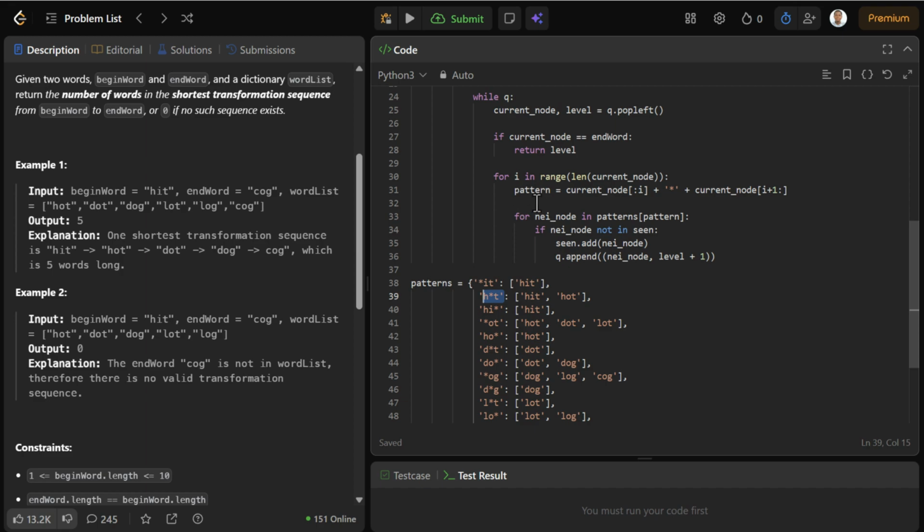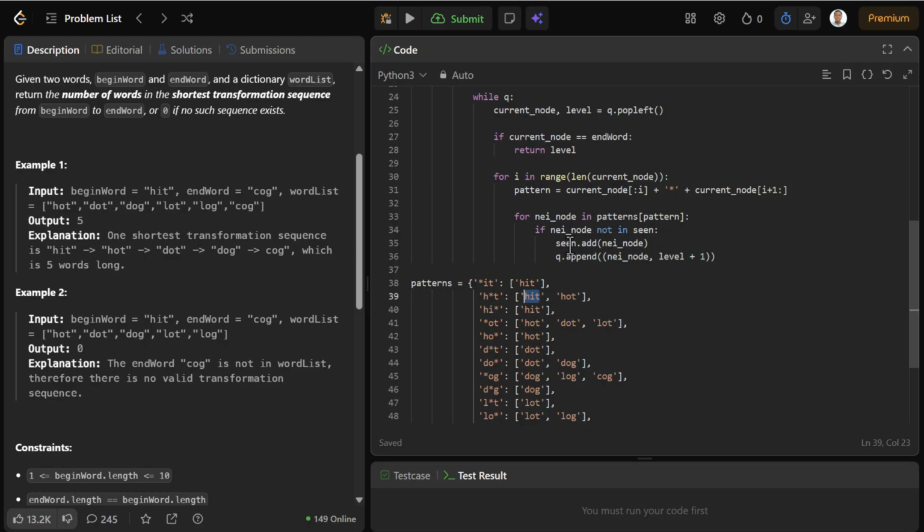Then it comes back down here. That's the second pattern. Then it comes down and checks for neighbor node in pattern. So this list is going to come here, then it goes through each of them. It assigns neighbor node to HIT here. If HIT is already in seen, then it keeps that.